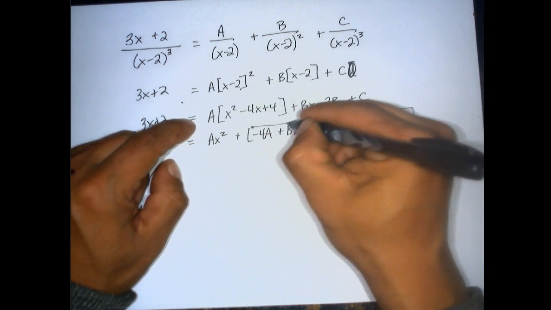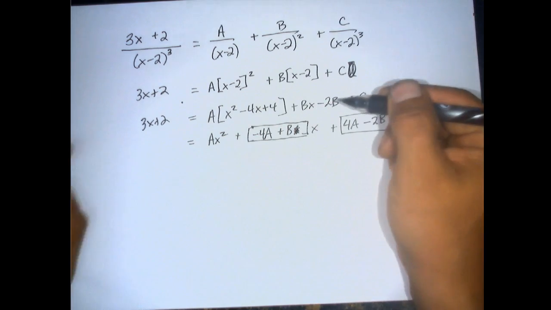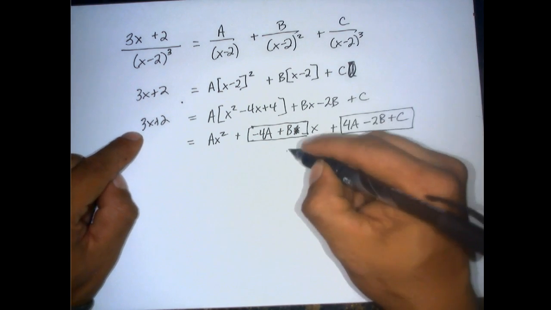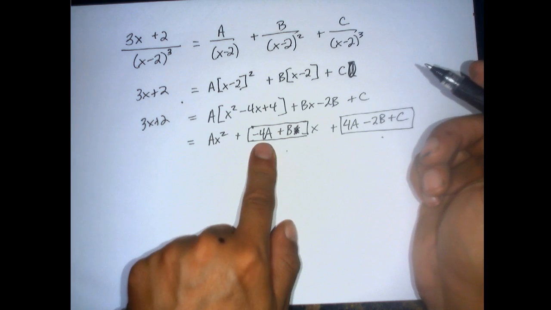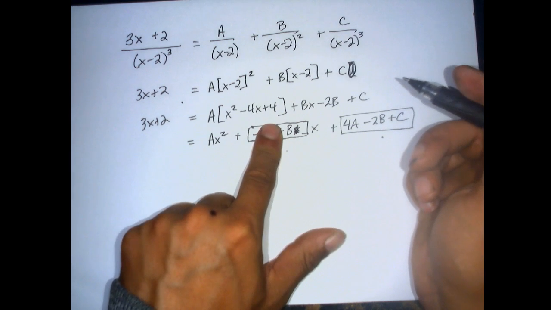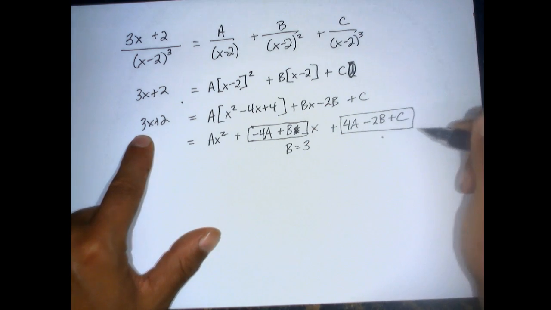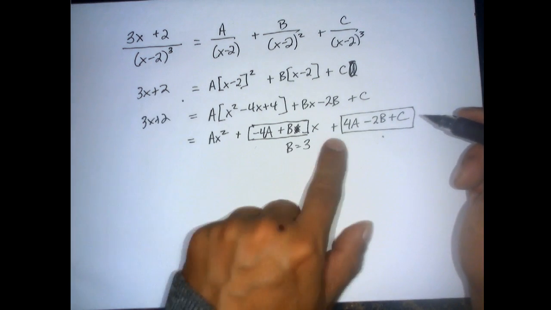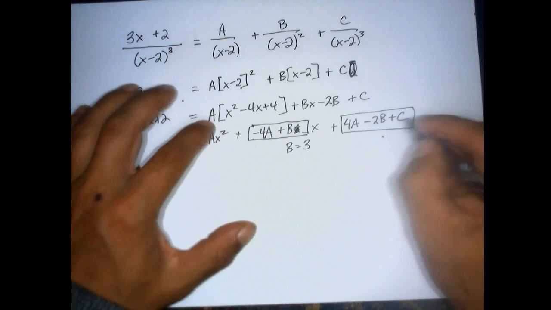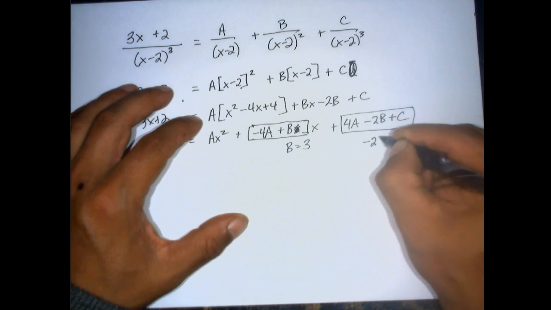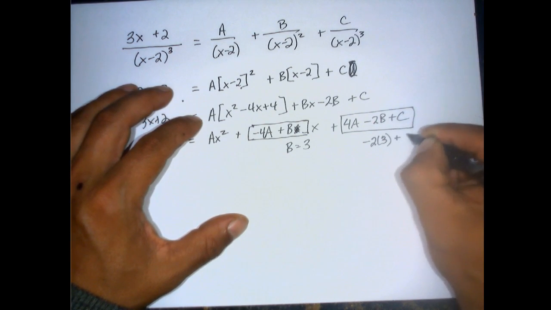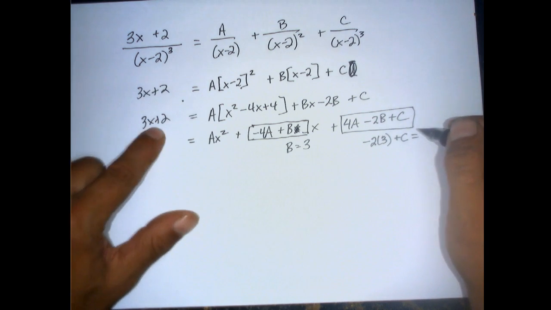And let's go ahead and box these coefficients. All right, so b is 3, okay, because a is 0, and bx equals 3x, so b is equal to 3. So negative 2 times 3 plus c is equal to 2.